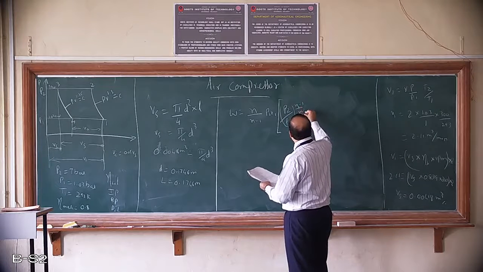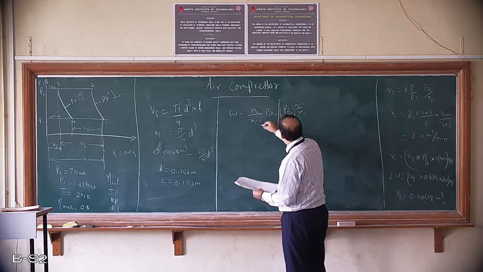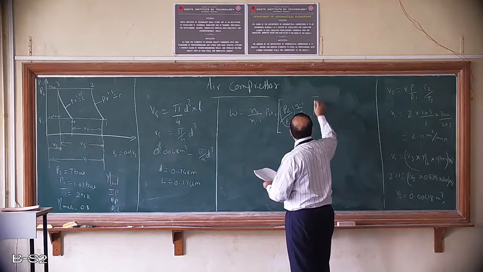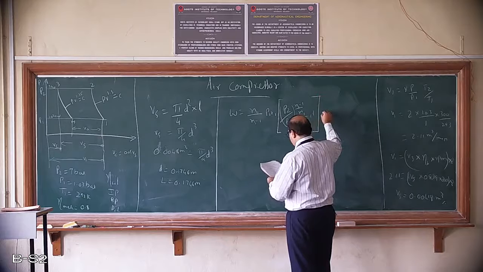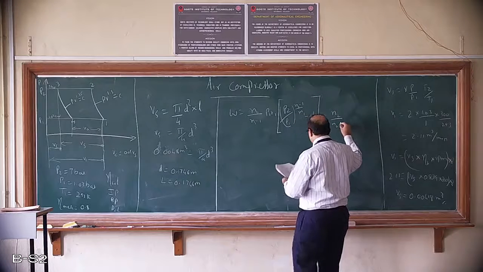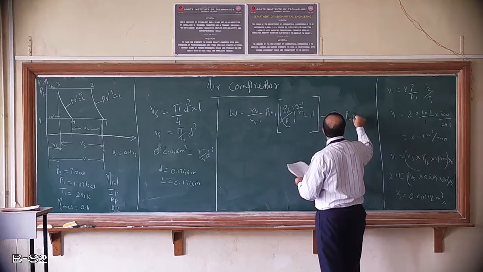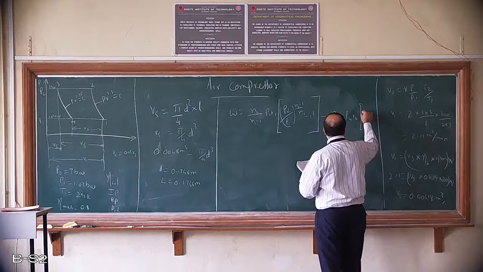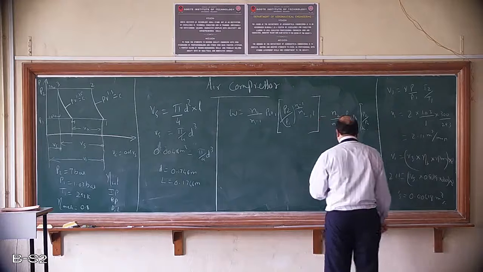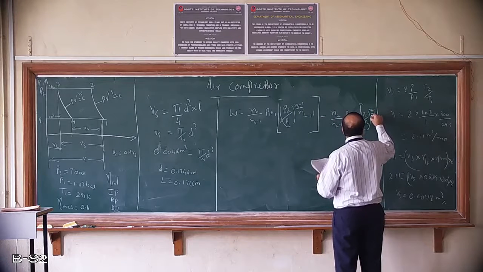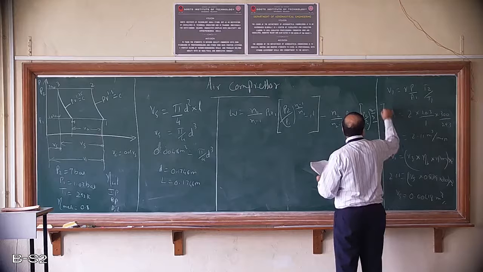We can make it as N1 here, minus 1, plus N2 by N2 minus 1 P4 V4 of P2 by P4 to the power N2 minus 1 by N2, minus 1.